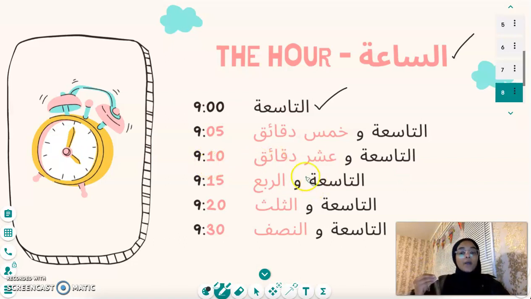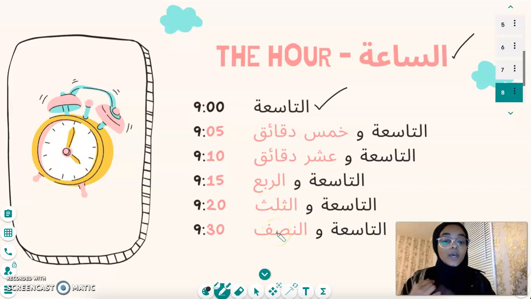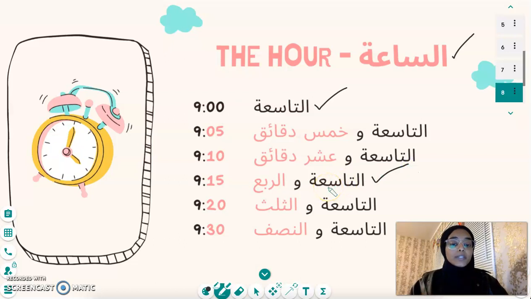So now we have 3 different words for quarter, third and half. When it's 15 past 9 we say الساعة التاسعة والربع. When it's 20 past 9 we say الساعة التاسعة والثلث. In Arabic we say a third because that's a third of the full hour, 20 minutes.